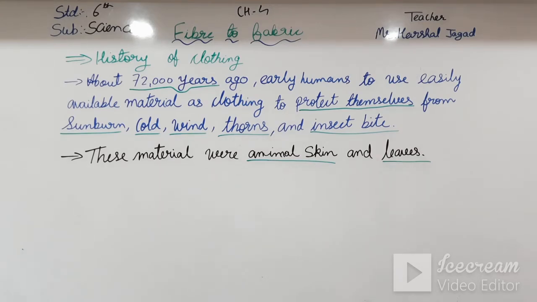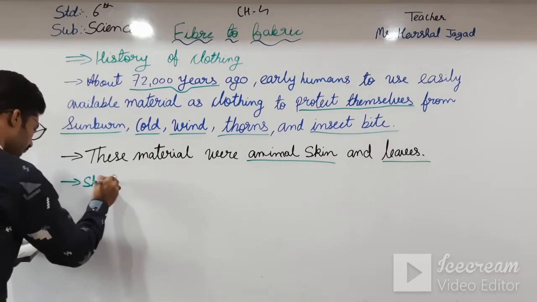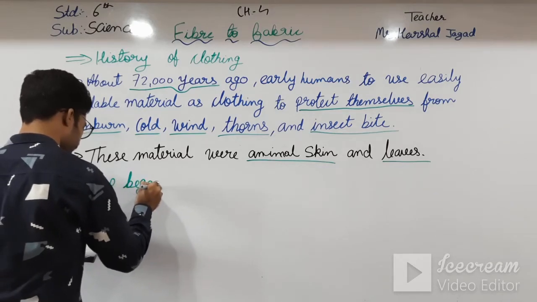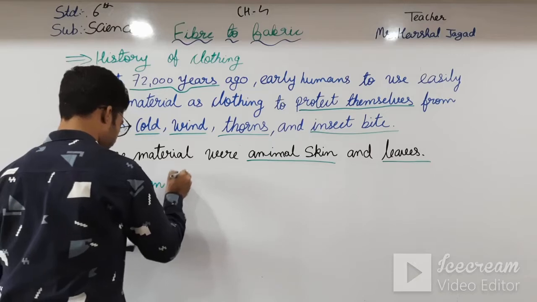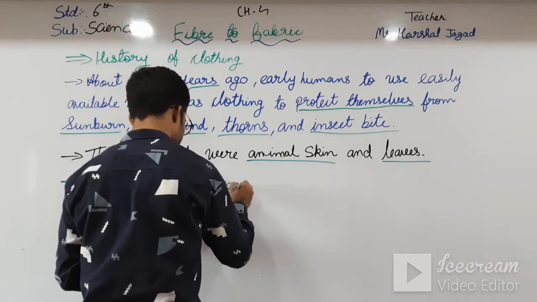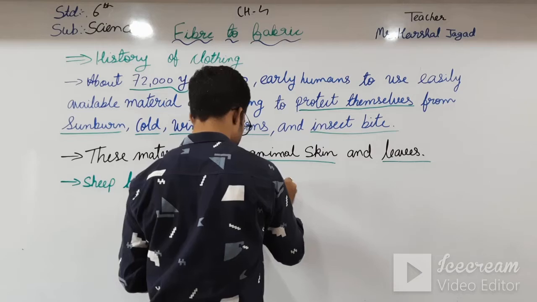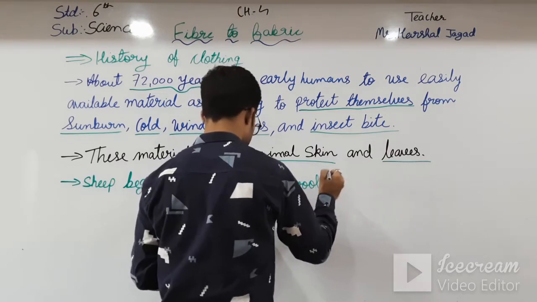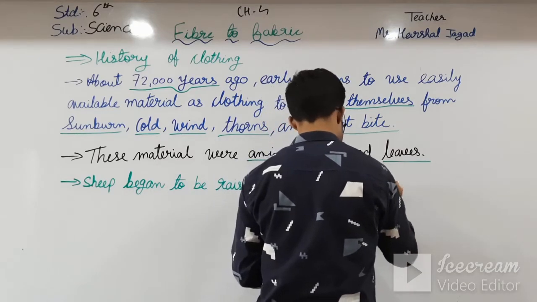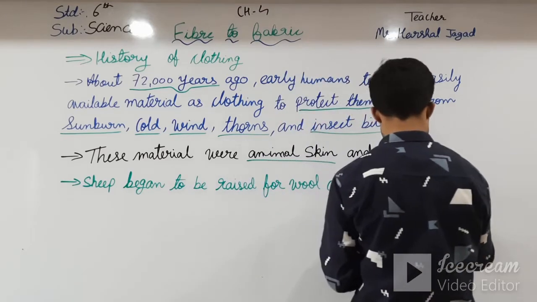Sheep began to be raised for wool about 6,000 years ago.